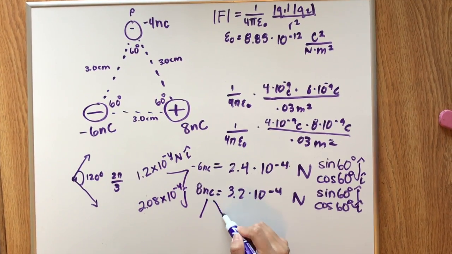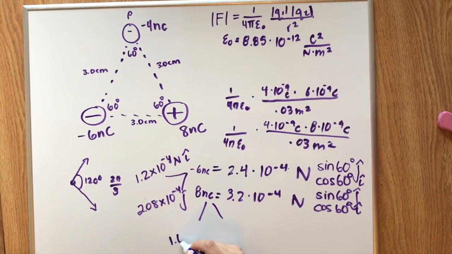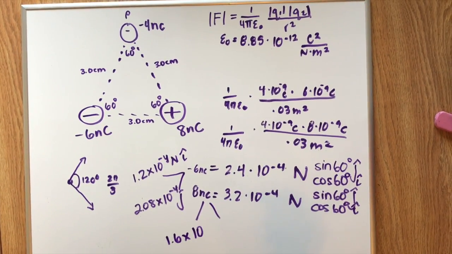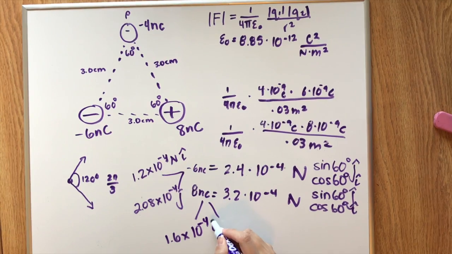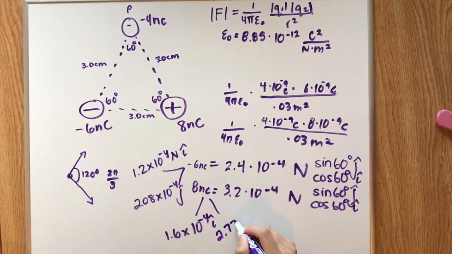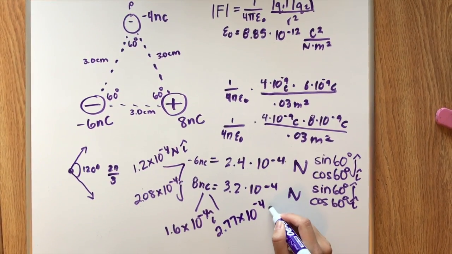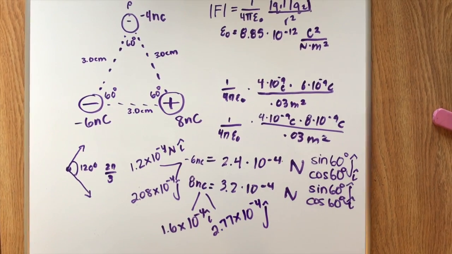And then for the 8 nanocoulomb charge, you'll get 1.6 times 10 to the -4 i hat, and for the j hat, you'll get 2.77 times 10 to the -4 j hat newtons.